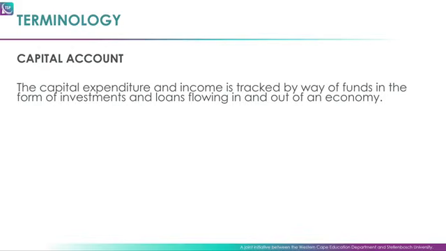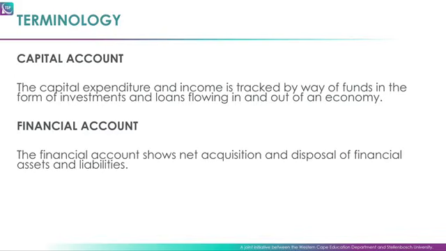And then the last account that makes up your balance of payments is the financial account, right? So that name says it all, financial account. This one shows the net acquisition and disposal of financial assets and liabilities. And just to point out, this is seen as the accounting section of economics, but as in accounting, we normally subtract liabilities, but here we add liabilities and we subtract assets.